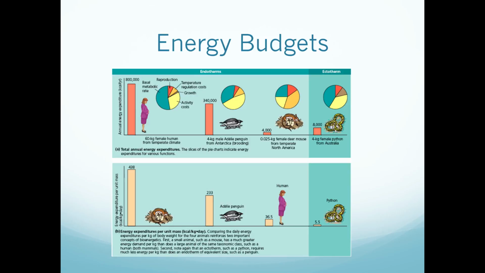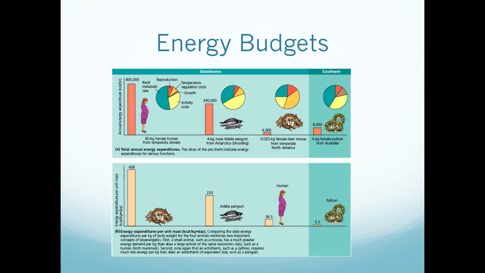If you take that over to an ectotherm, and compare the ectotherm to the penguin, you can see that their pie graphs are a little similar. You've got a reproductive cost very similar to the penguin, a BMR really similar to the penguin, and high activity.